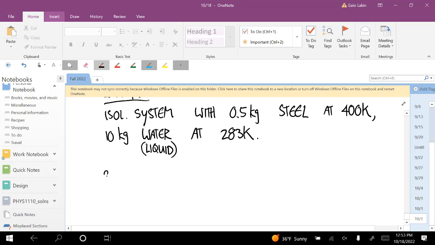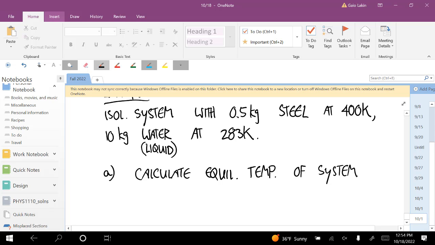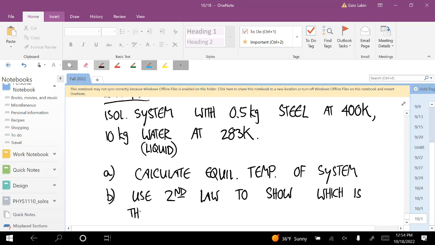So what we want to do is first calculate the equilibrium temperature of this system. And then second, use the second law to show which is the final state.